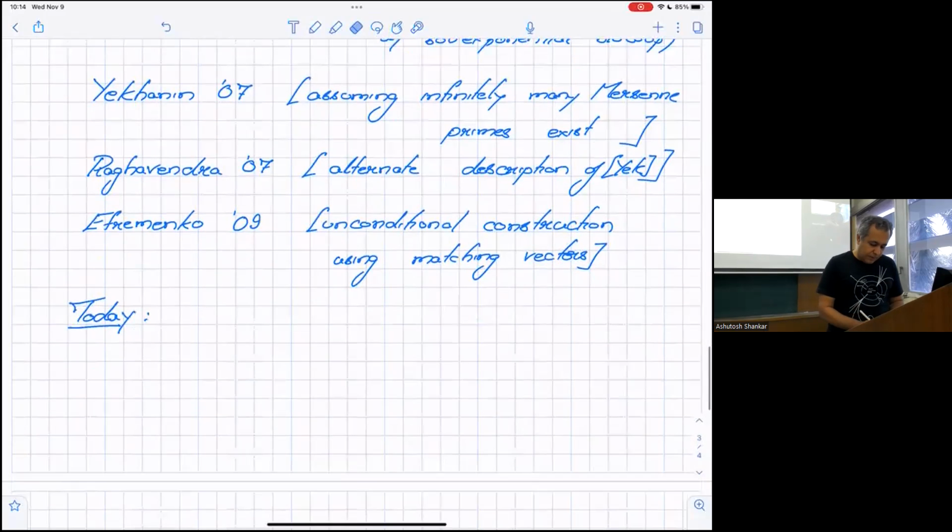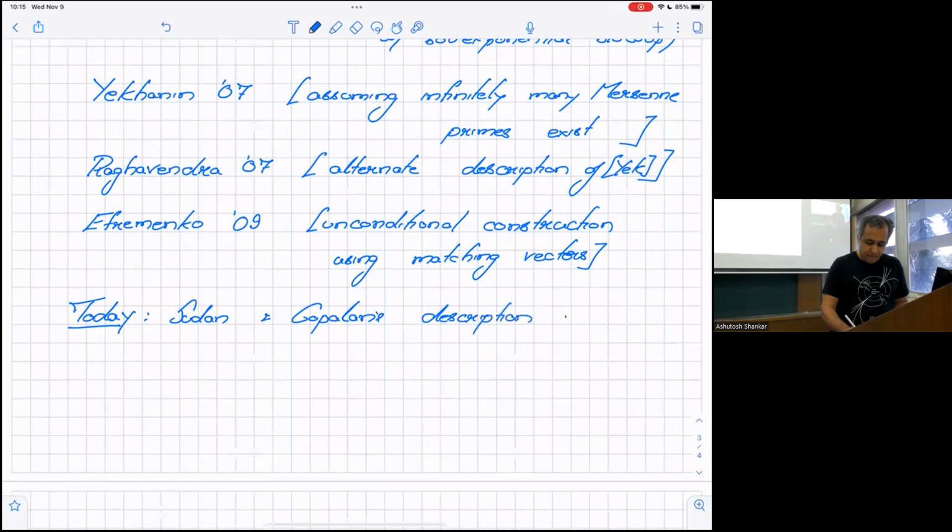We will see Madhu's and Parikshit Gopalan's description of Efremenko's construction, because the reason I prefer this description is that it's very much like Reed-Muller codes. That will be what we'll be doing today.